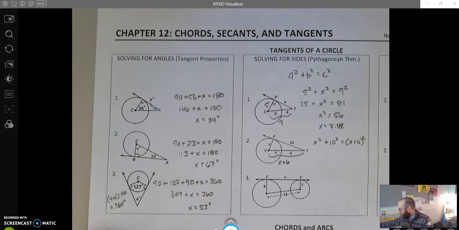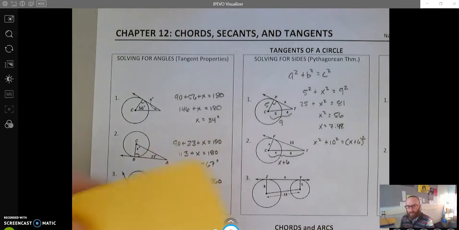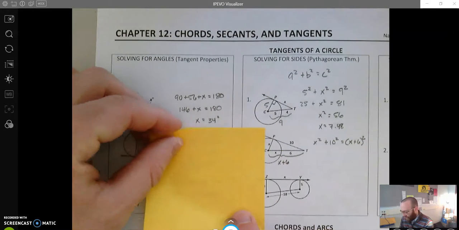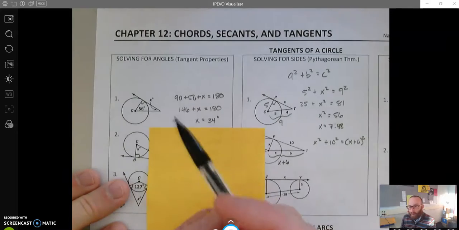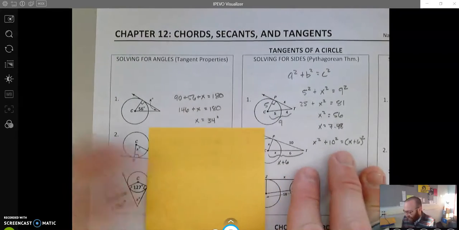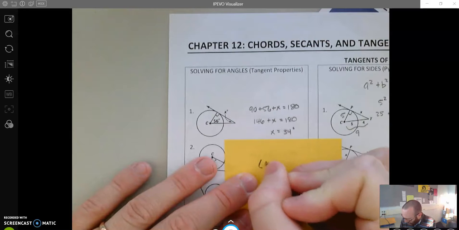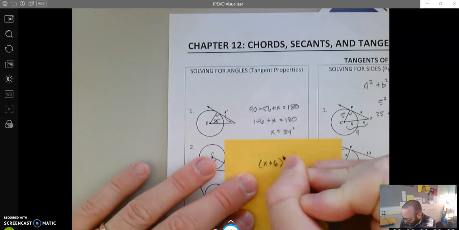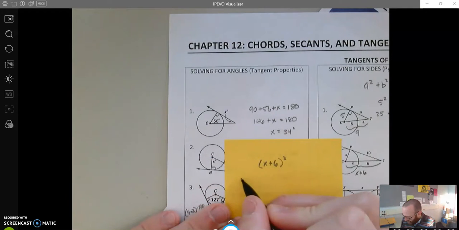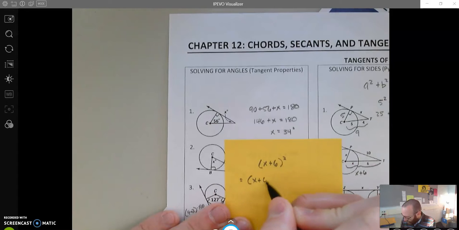And I'm going to pull a sticky note in over here so that you can see this. Okay. I need you to remember back from algebra, and I'm going to actually slide this over, that when I have x plus 6 squared, what that means is x plus 6 times x plus 6.